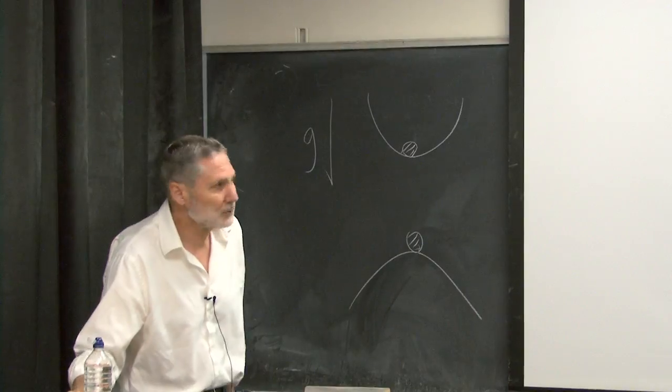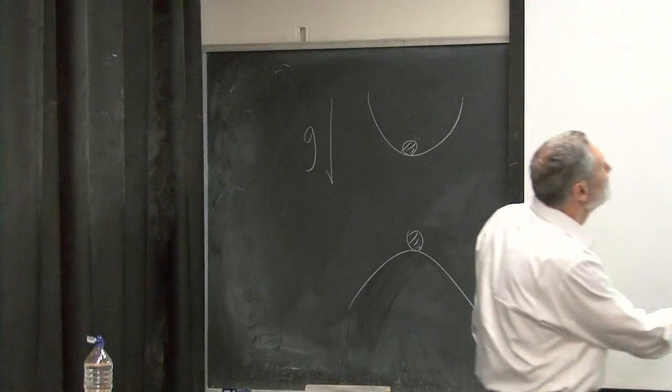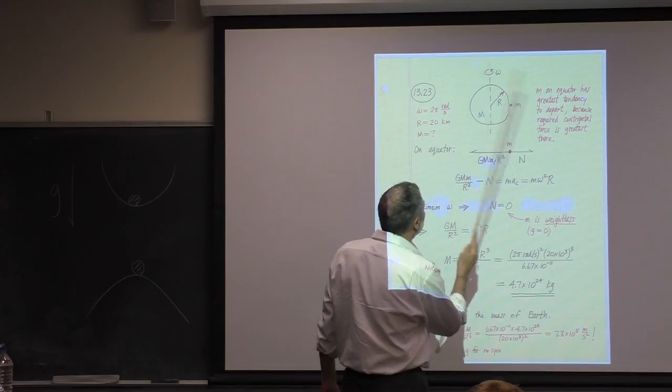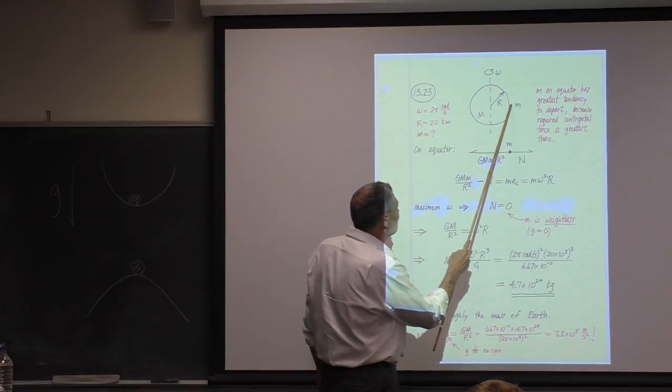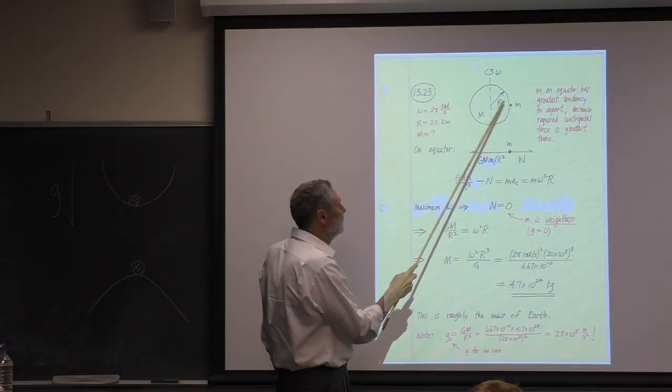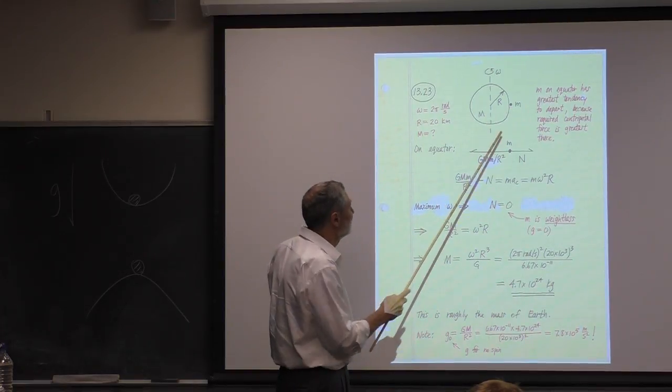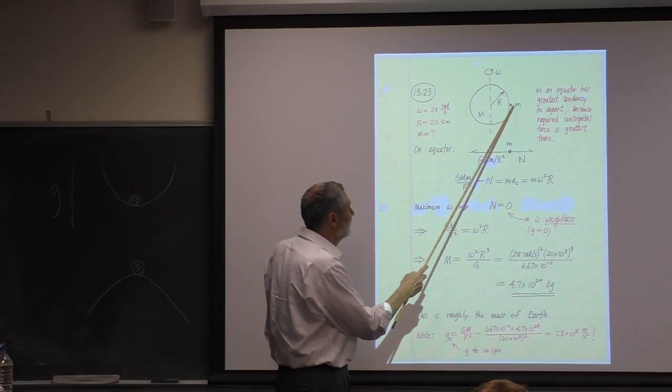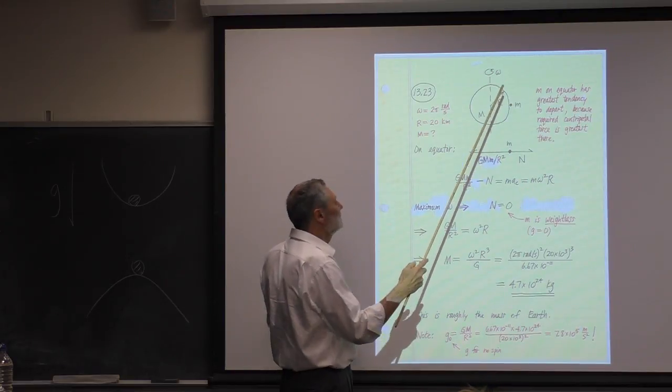It would be in uniform circular motion. So here's the axis of rotation. We need to look at the math here for you to believe this. But first, let's do it this way.